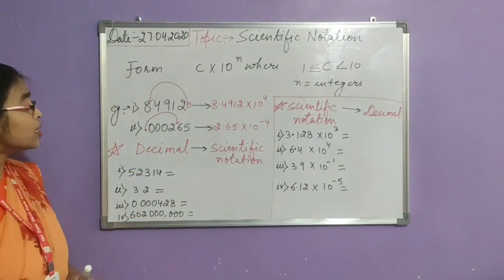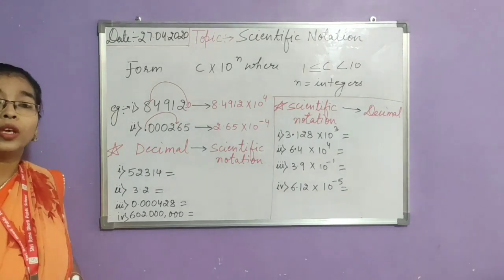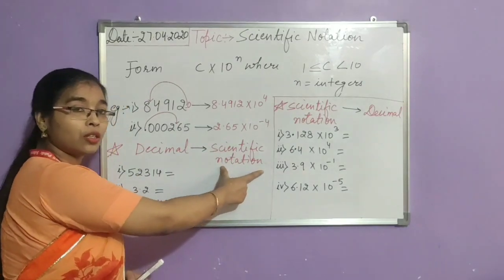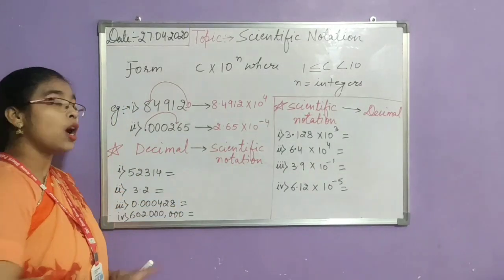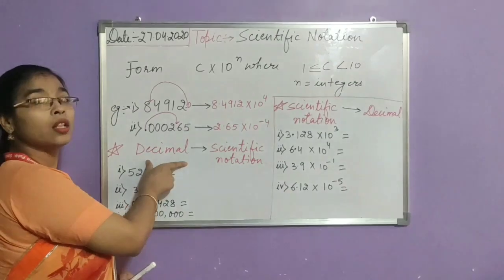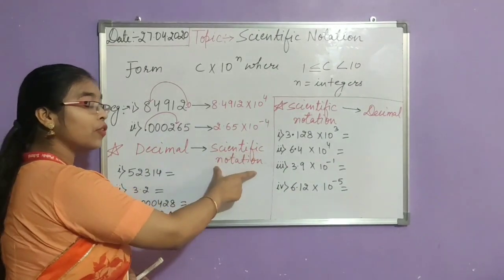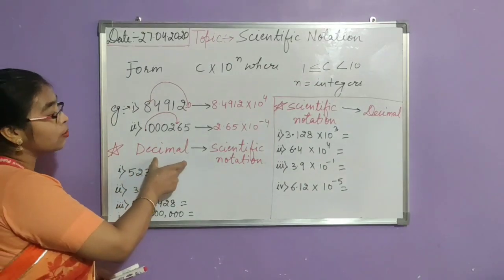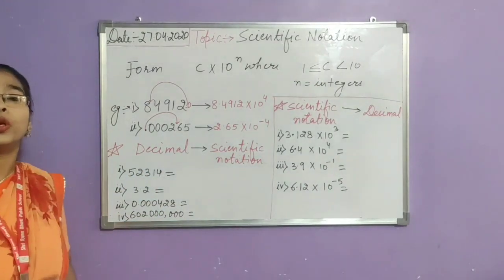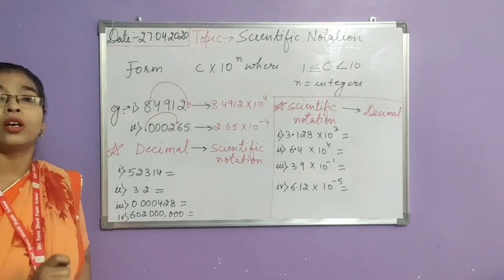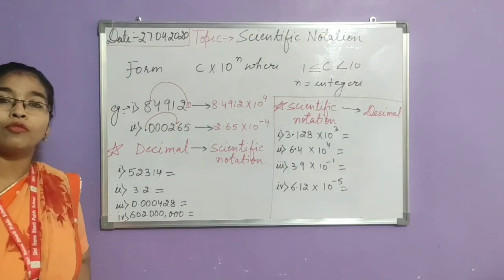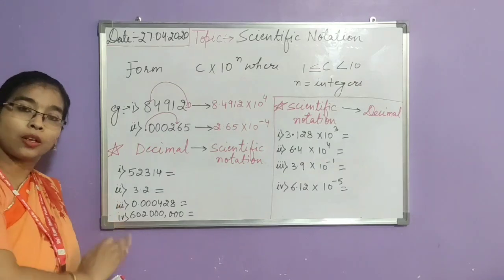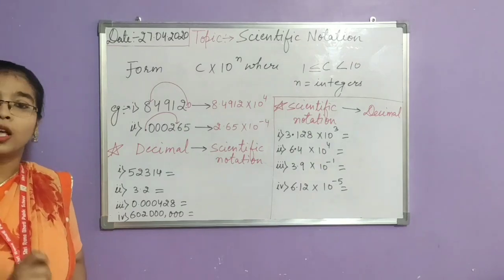So now let us see how we will convert a decimal number into scientific notation. What we are going to learn is how to convert a decimal number into scientific notation. For converting a decimal into scientific notation, we have to move the decimal point, either towards the right or towards the left.